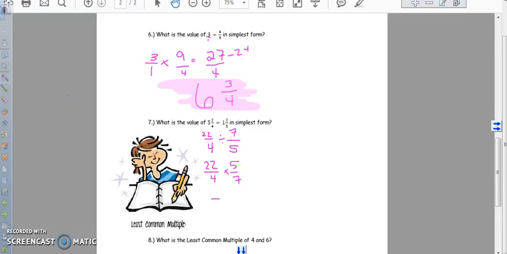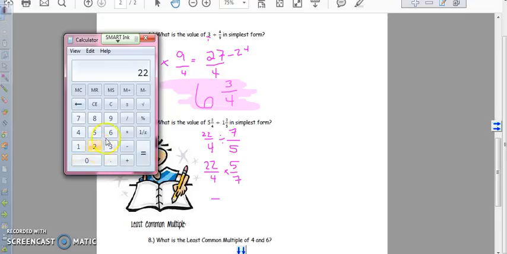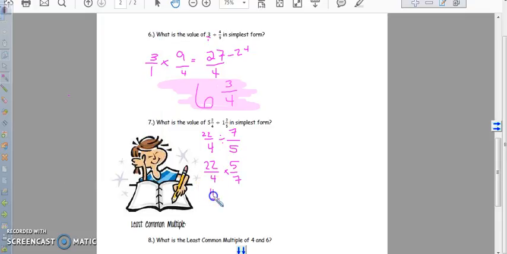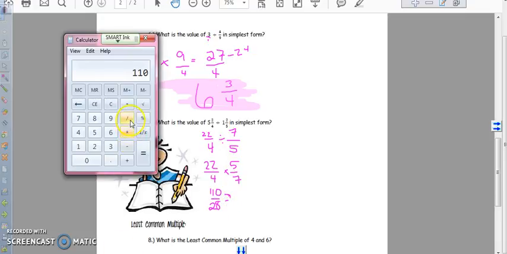So 22 times 5, I'm going to use the calculator, gives me 110, and 4 times 7 is 28. Well, it doesn't go in evenly, but let's see how many times it can go in. So I'm going to take 110 divided by 28. It's going to be ugly, but it can go in 3 full times.